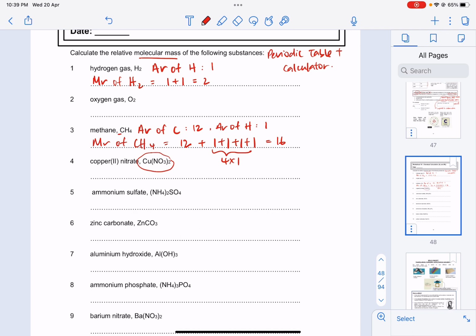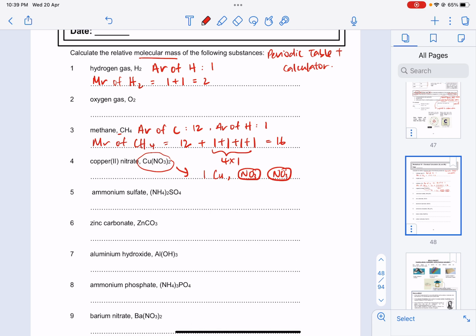Now, how do we break it up? How many copper, how many nitrogen, and how many oxygen are there? There is 1 copper and there is 1 nitrate and another nitrate.